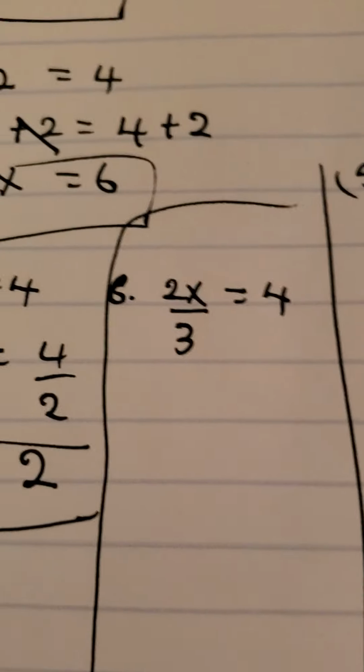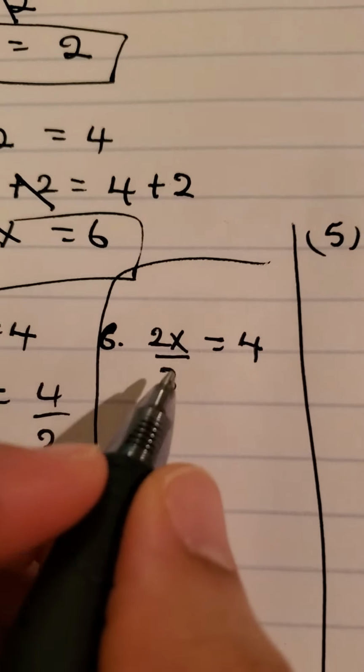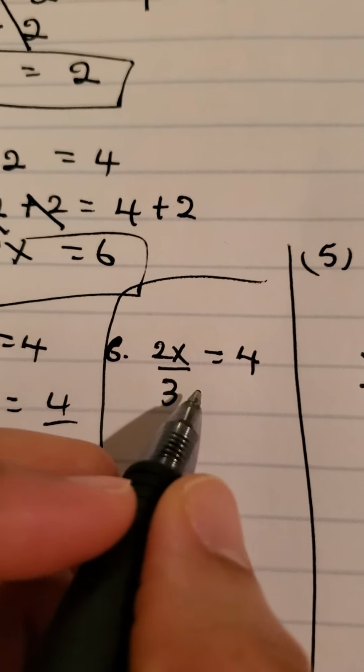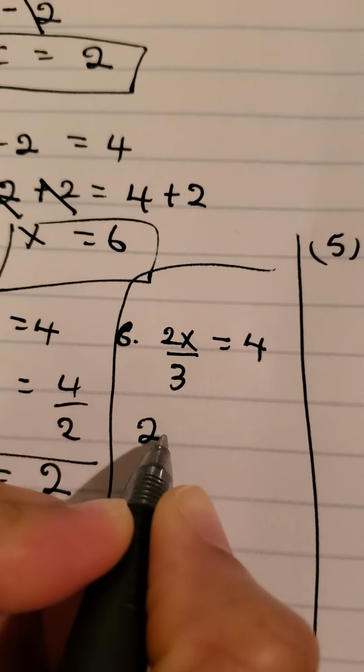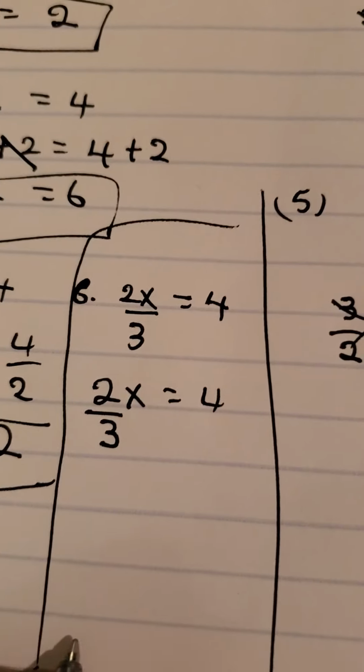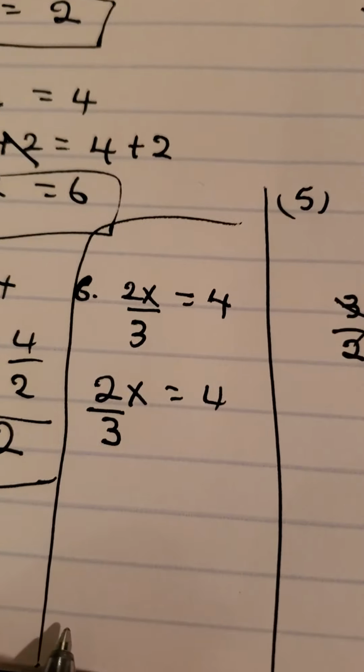Or I can say, well, we have 2x over 3 equal 4. So I can start by getting rid of the most obvious factor, which is 3. So I can times 3 by both sides, right? See, that cancels. So I have 2x equal 12.